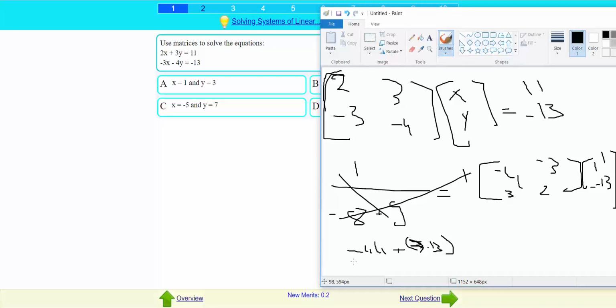And then we've got the 33 plus negative, so that's like 26. Now this would yield, so we've got 33 and then we've got 26. What about this one? This one is like 39, right?